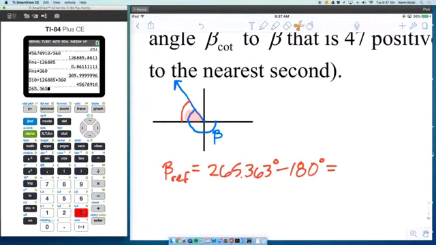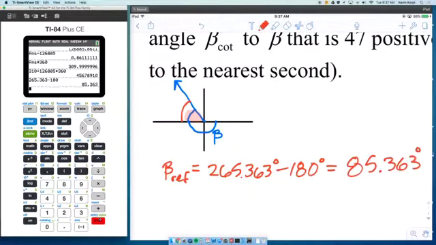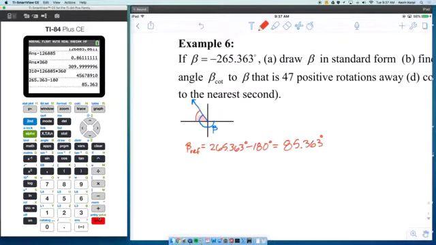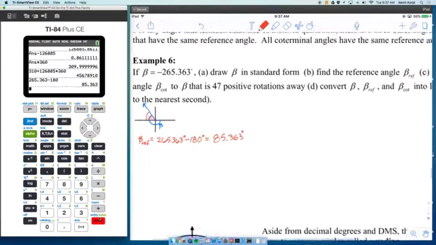This is the whole part of thinking, what is reasonable? If you would have just subtracted 180, you're not going to get an acute angle, and it won't be positive either. Is 85.363 a positive acute angle? It is. So there is your reference angle. And what did I label it? B-ref, B subscript REF. So that answers the question for part B.